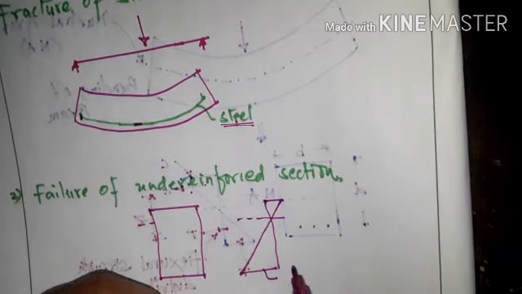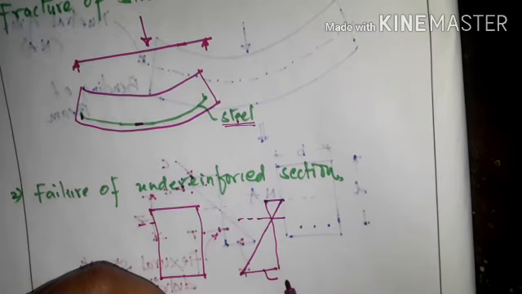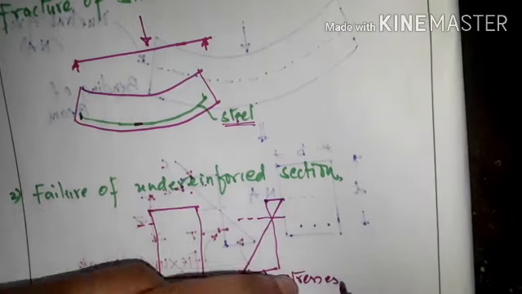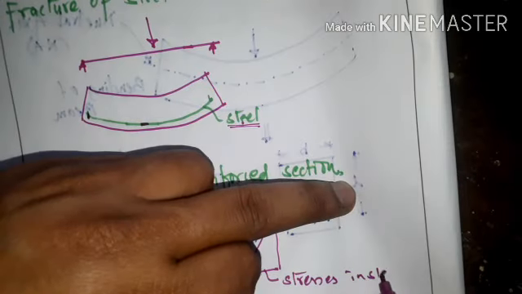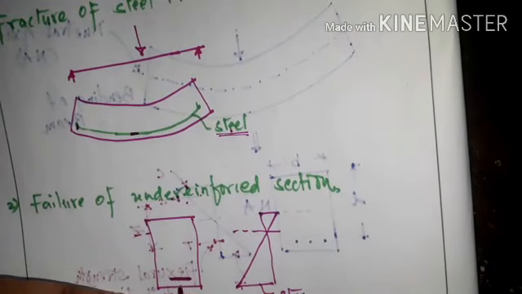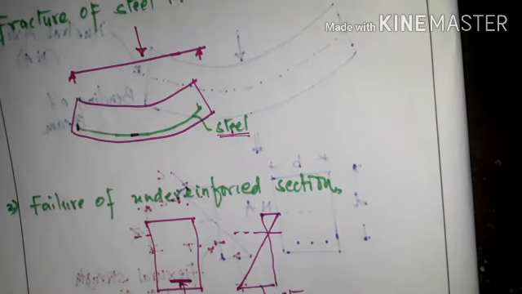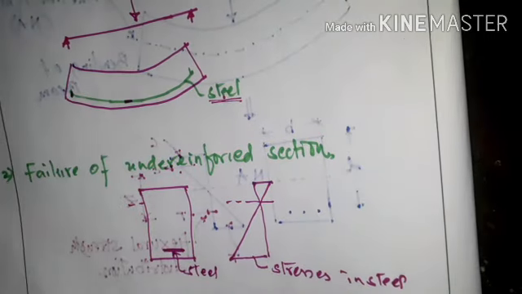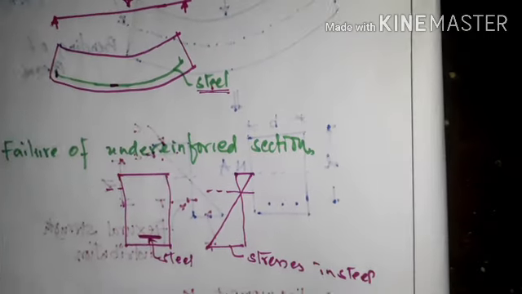So here it is nothing but the stresses in steel. Because this is subject to tension, these are the stresses in steel. This is a steel provided which is more than the minimum requirement. So what will happen here?